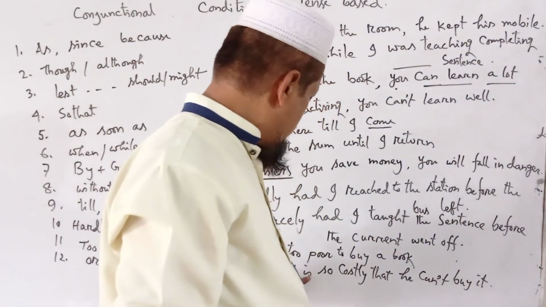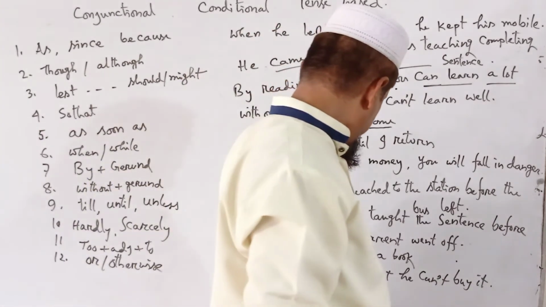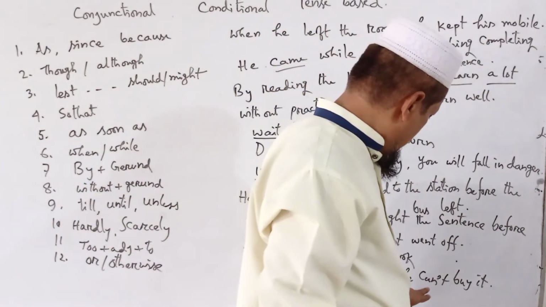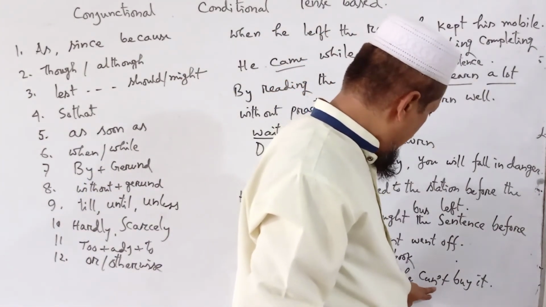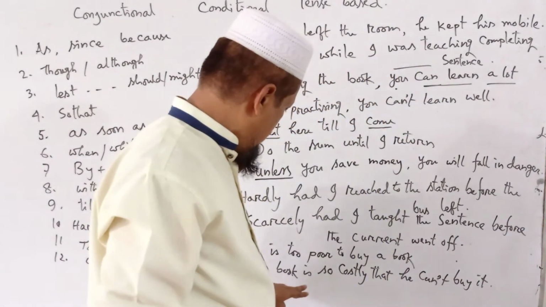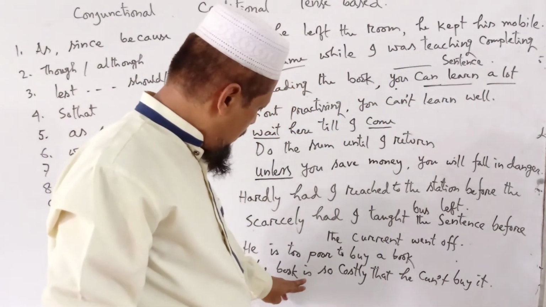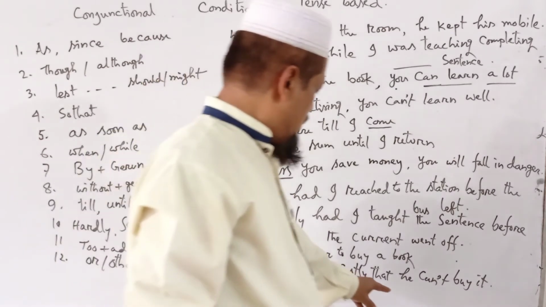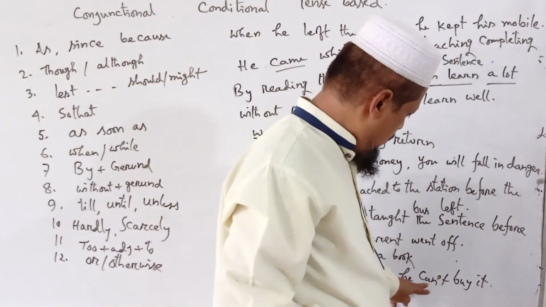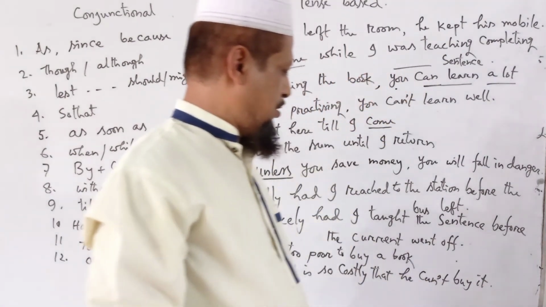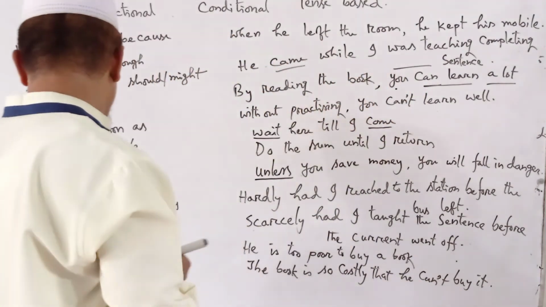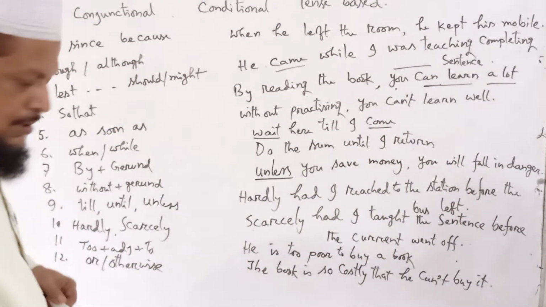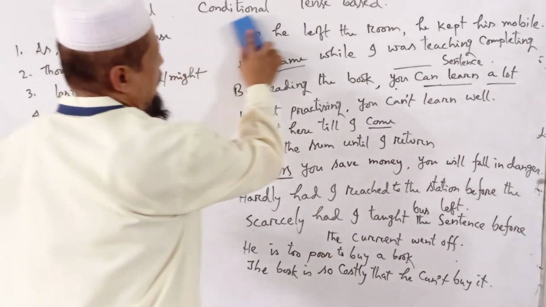Here the first clause is present, for this reason I use can't. If the verb of the first clause is past, like was, then in the second clause I will use couldn't.